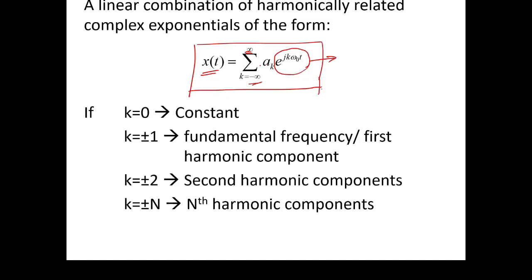So from here, what do we get? We get that any periodic signal x(t) can be represented by the summation of various sinusoidal waves of different frequencies whose amplitude can also be varied by varying this value a_k.